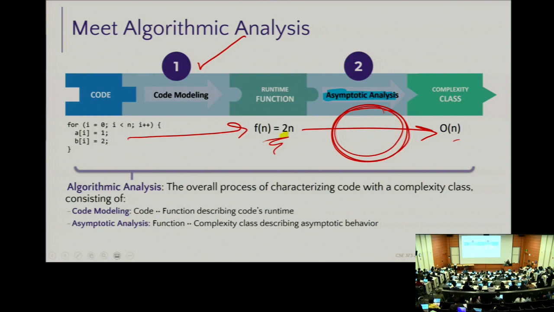We're characterizing code within a complexity class by describing how its runtime grows as the inputs to that function grow towards infinity. Meaning we're trying to get to that asymptotic place where we level out and have a general understanding of the overall shape and growth rate of this code.